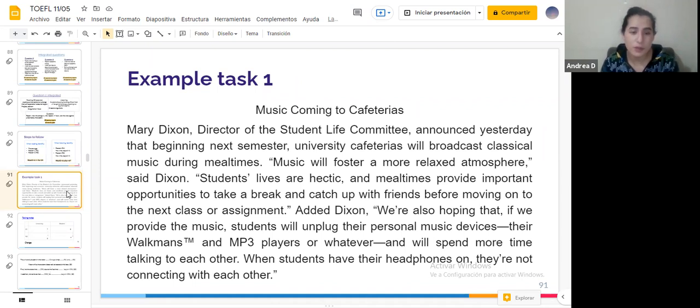In this reading, you will see a short campus announcement. The university is announcing a change. There's a change on campus, something's going on. I don't know what that will be. Maybe the cafeteria is changing the menu, or maybe they are awarding a new scholarship, or maybe they are going to change the structure of the buildings.